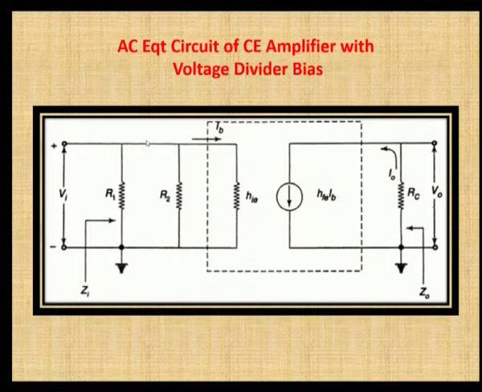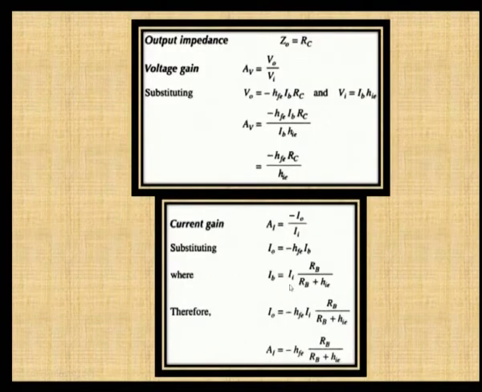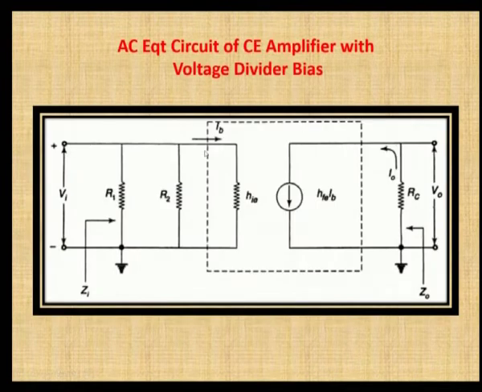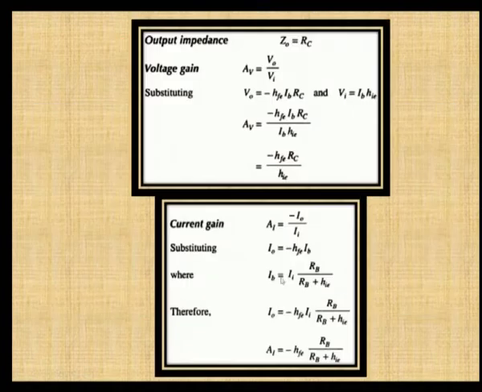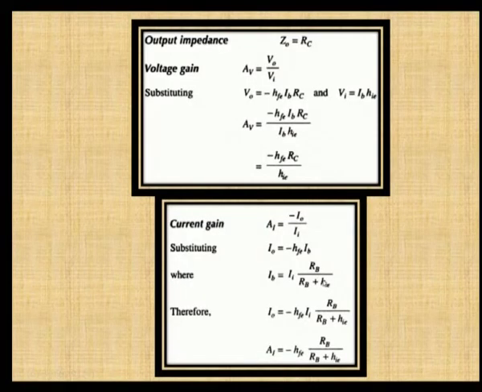If the two resistors are connected and you want to calculate the current through the resistance HIE, that is the input resistance, the current divider rule says that the input current into the opposite resistance divided by the total resistance. So, IB is equal to II into the opposite resistance, which is RB, the parallel combination of R1 and R2. This is opposite to HIE.